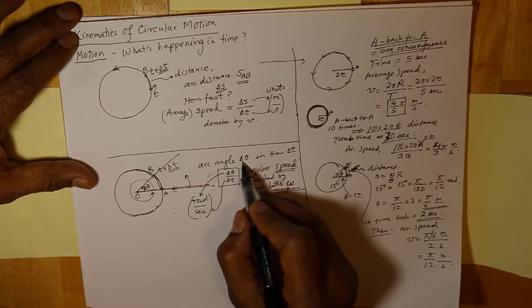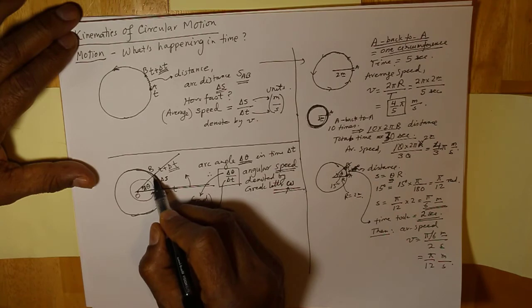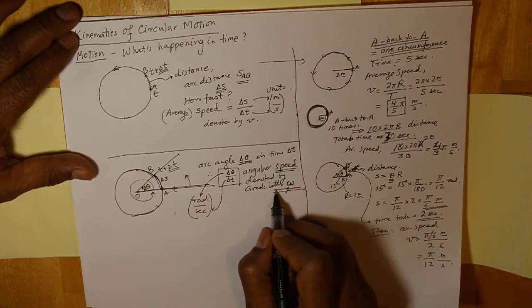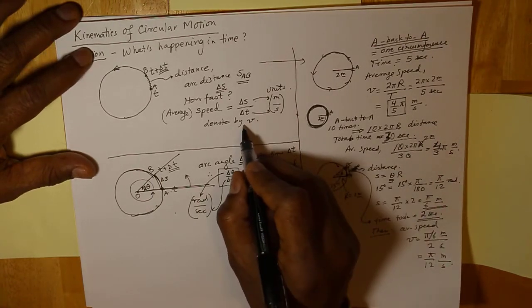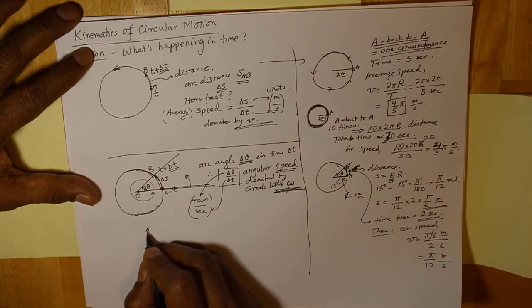Because the angle is related to how much I moved on the circle itself, we would expect angular speed to be related to linear speed. So let's figure out that relationship.